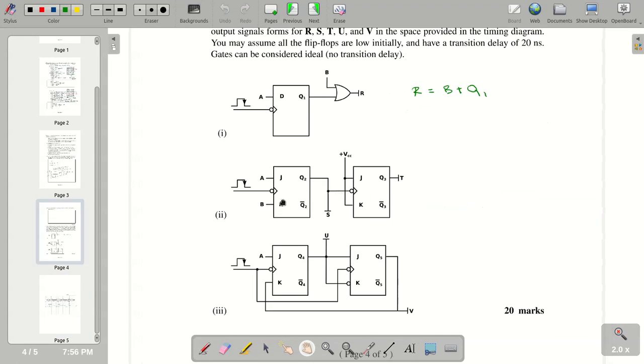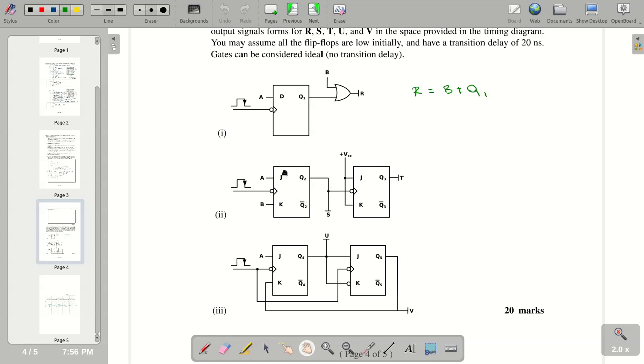In part 2, you're given a JK flip-flop. A and B are the inputs, and the clock is a negative falling edge enabled flip-flop. From this we have to give S and T. Let's work on S because S is actually going to be the input for the second flip-flop.